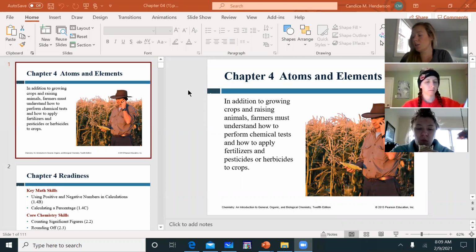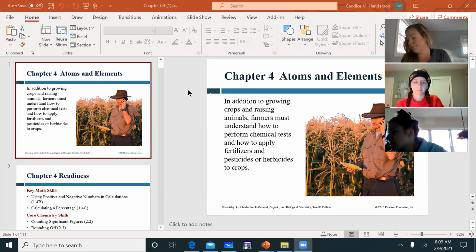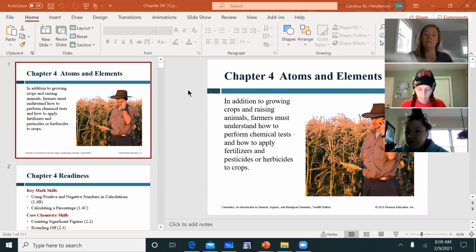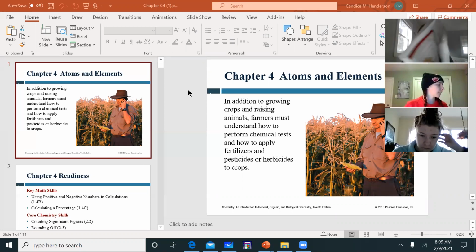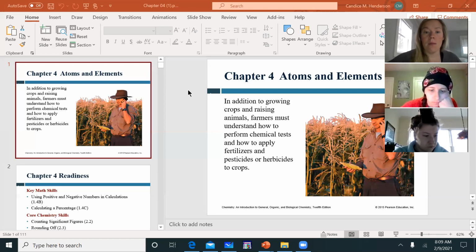There is one in your lab manual, on the inner cover, so if you want to use that one, that's fine too. Just have something available that you can write on.